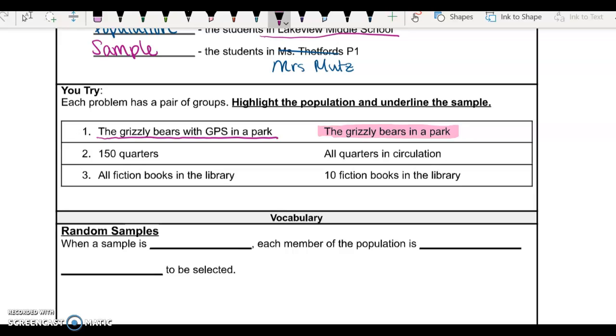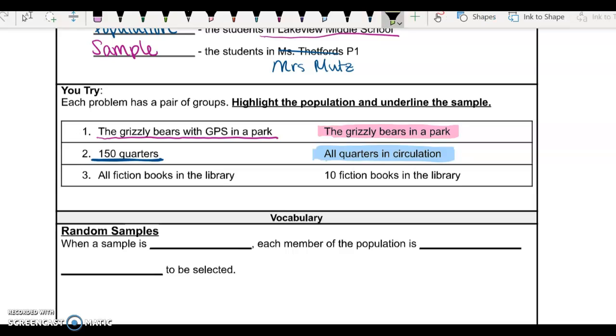For number 2, we have 150 quarters, or we have all the quarters in circulation, so all the quarters that are out there. For this example, all of the quarters in circulation would be our population, and then our sample would be just looking at 150 of them.